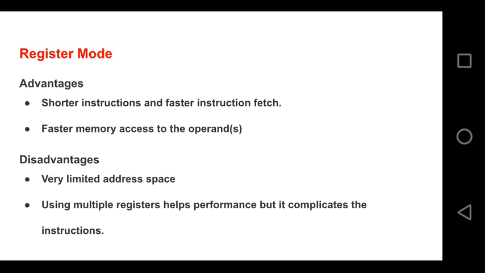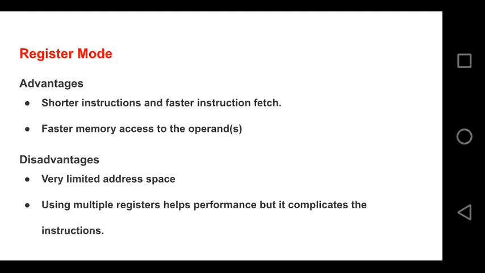So if you try to increase the registers, though it improves the performance, we can't keep a large number of registers within the control unit, because it becomes very complicated to manage all those registers. So the number of registers should not be very small or very large. It should be optimum.